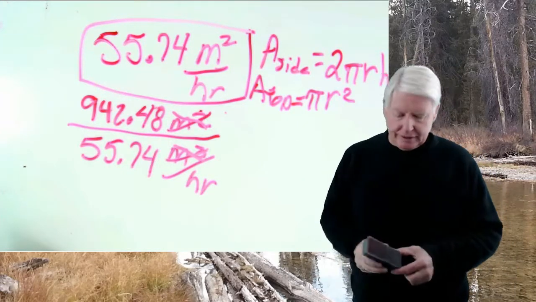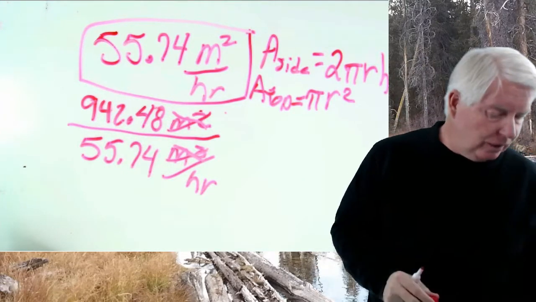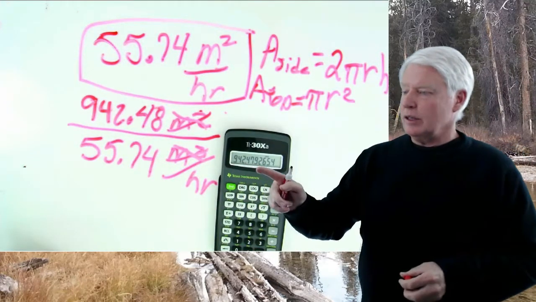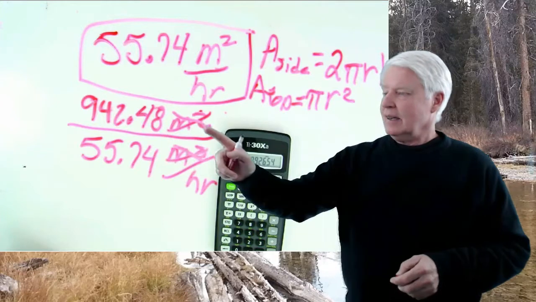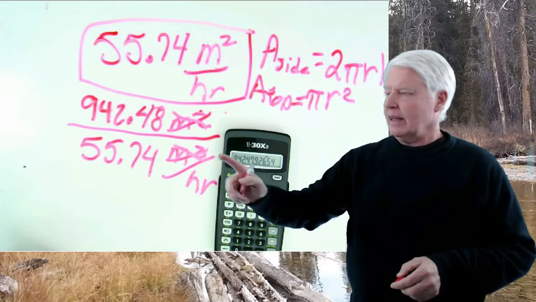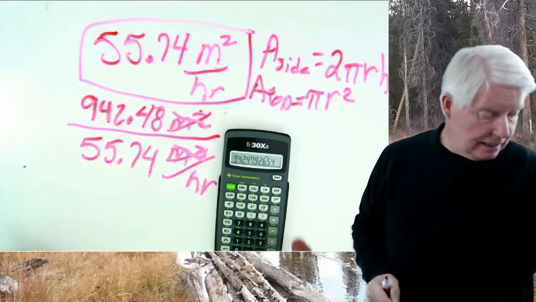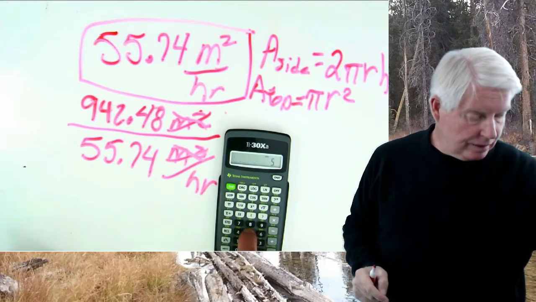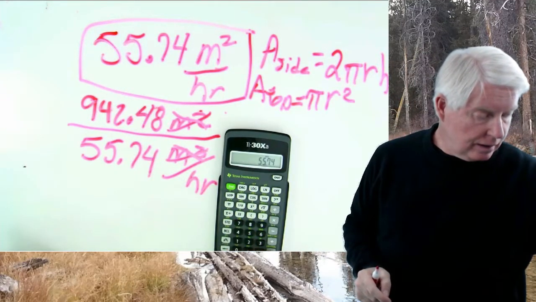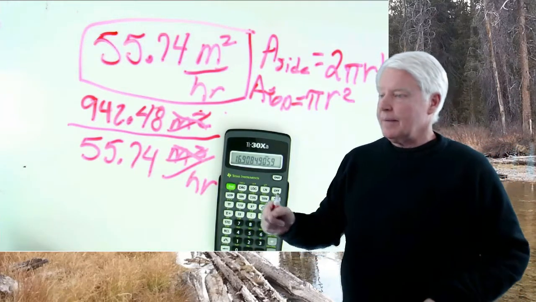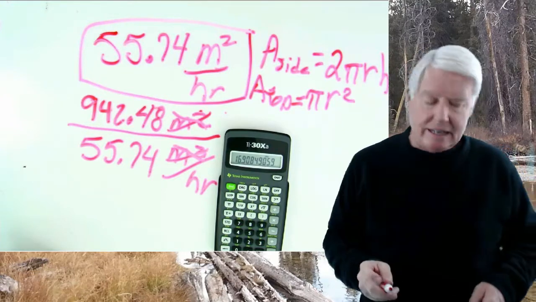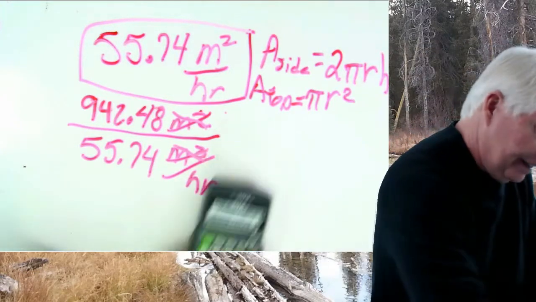Those are the units I want. So now let's go back here, and I left my 942.48 area in there. Now I just need to divide by 55.74. That will give me 16.908 hours, 16.91 hours.